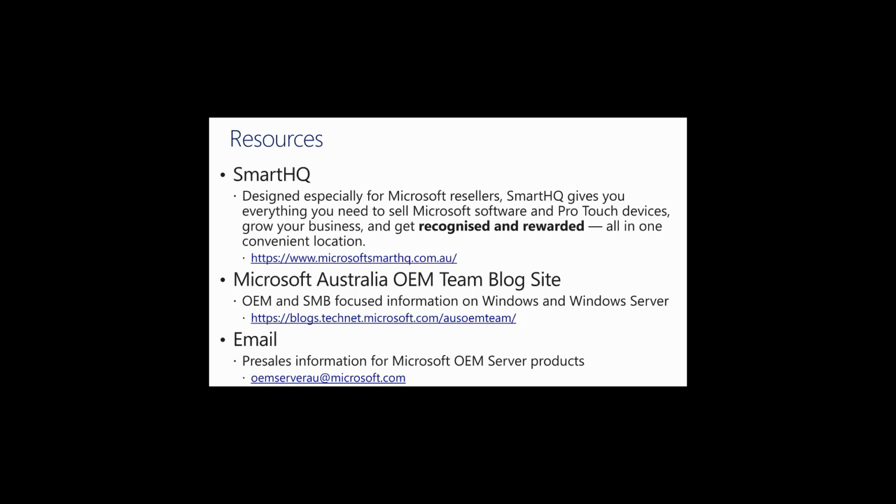And if you do need pre-sales information on the OEM server products, and now with Server 2016, I'm sure we'll see an influx of new and different types of questions, please reach out to us at oemserverau@microsoft.com, and we'll make sure that we get answers out to you very quickly. I'm sure that email alias is going to become much more active than it's been due to this new launch and all the different events that we're going to be running.